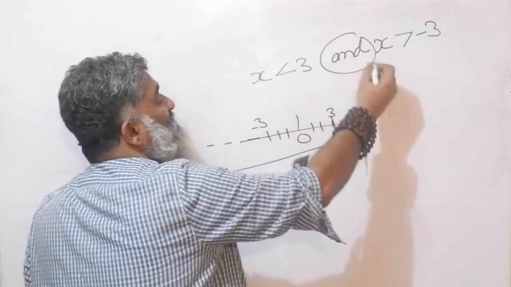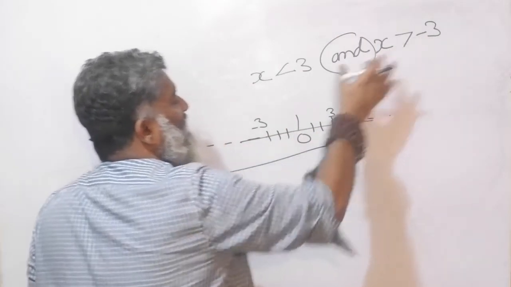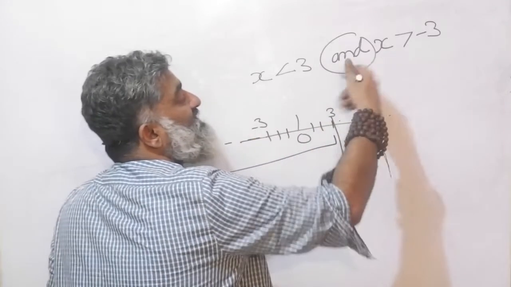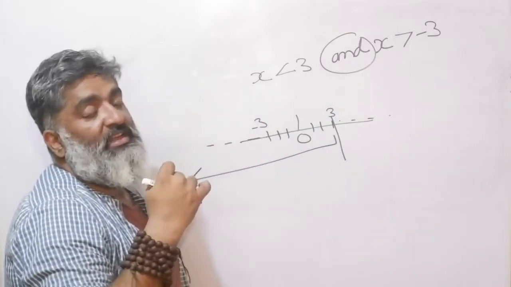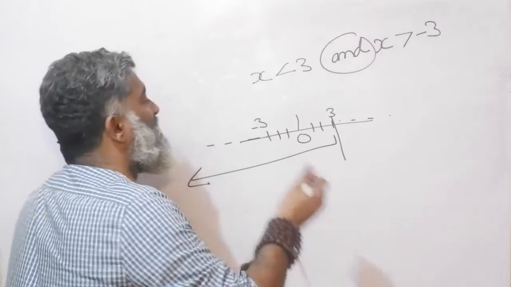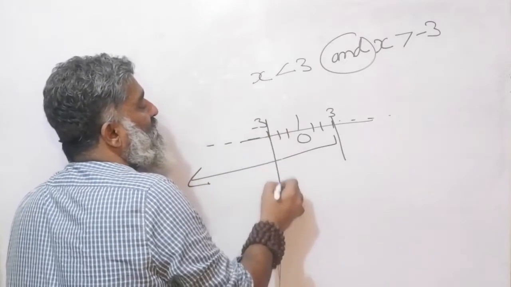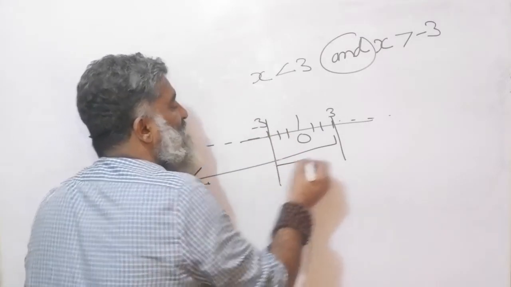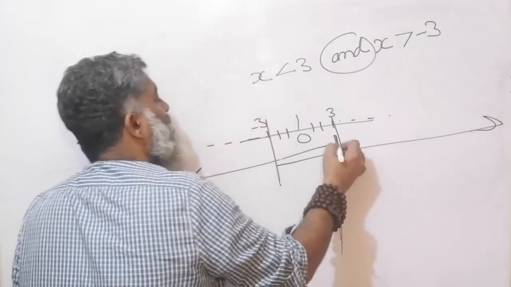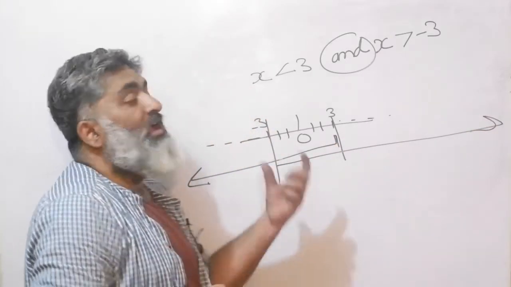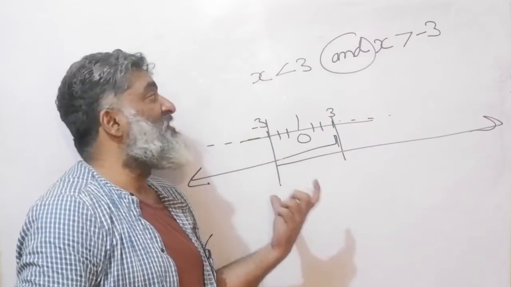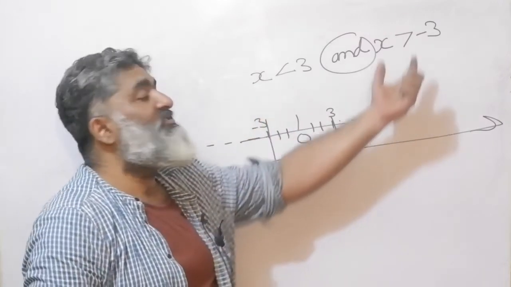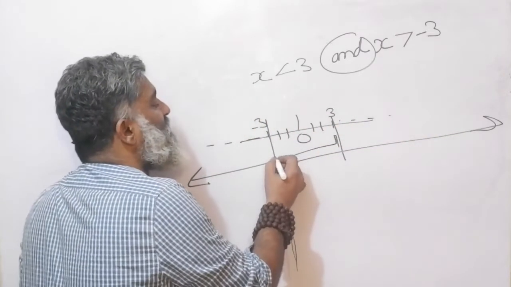And there is an and. That means you have to satisfy this condition as well. Let's think of this condition. It says x is greater than minus 3. That means on the right side of the number. So any number on the right side of this minus 3 is also okay, right? And what are the numbers which are satisfying this as well as this? Obviously the common region.